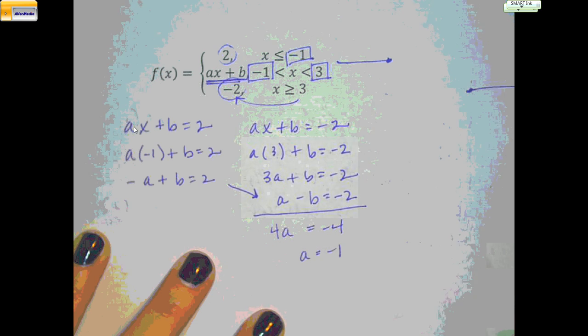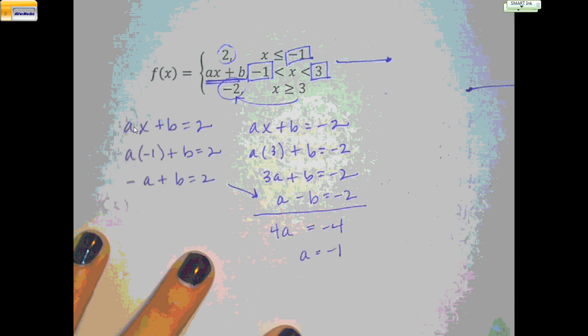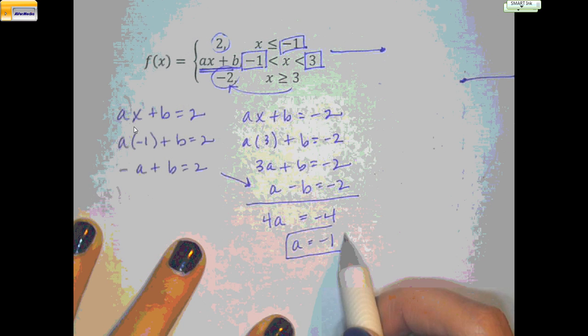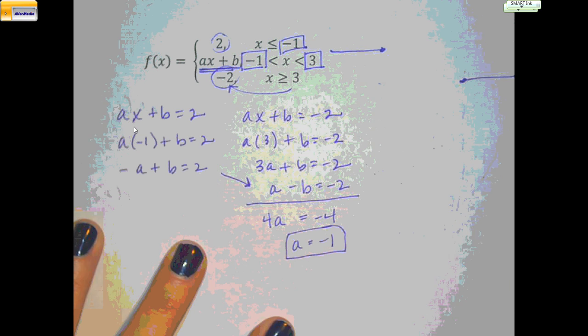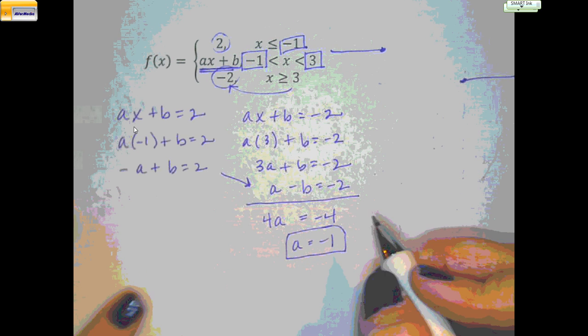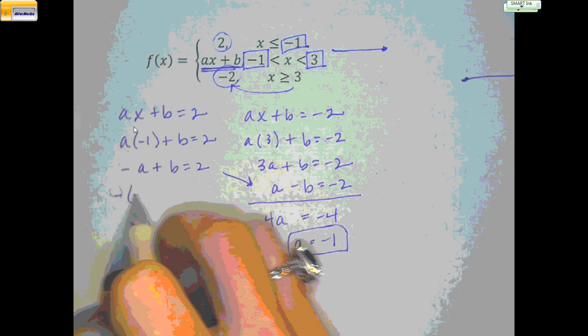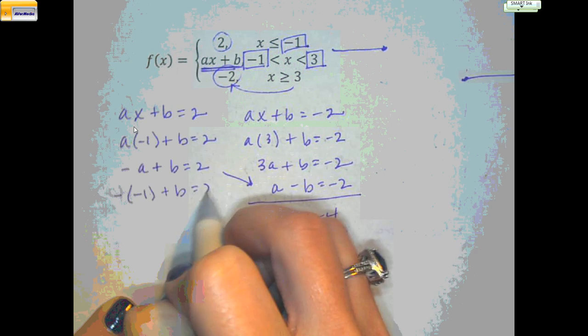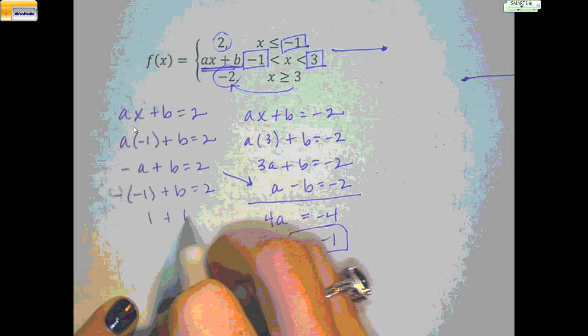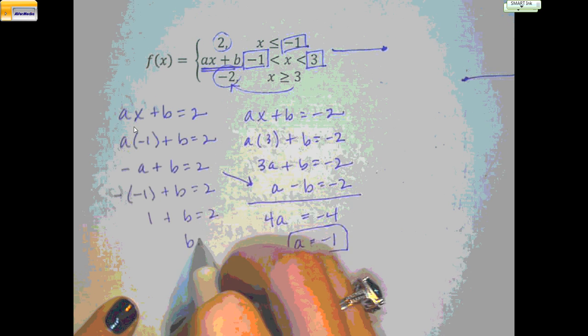So A gets me negative 1. Once you get A, how do you get B? Either one, doesn't matter. So I'm going to plug it in over here just because I've got the space. So I have opposite of negative 1 plus B equals 2. So I have 1 plus B equals 2. B equals 1.